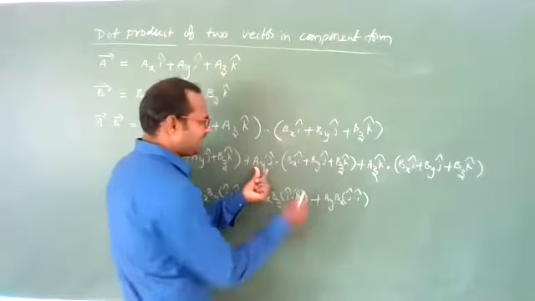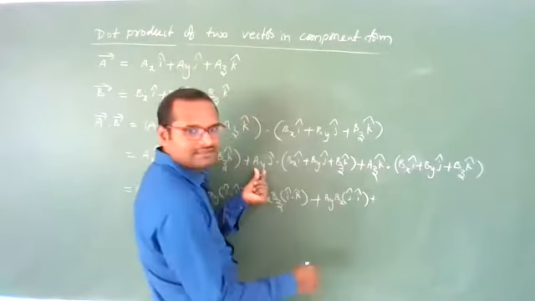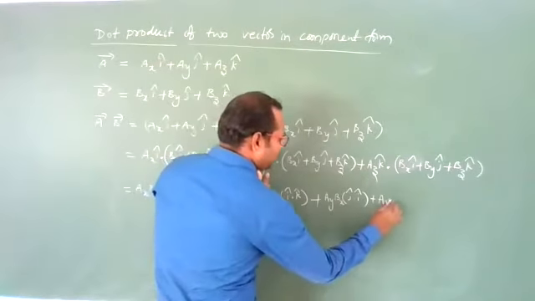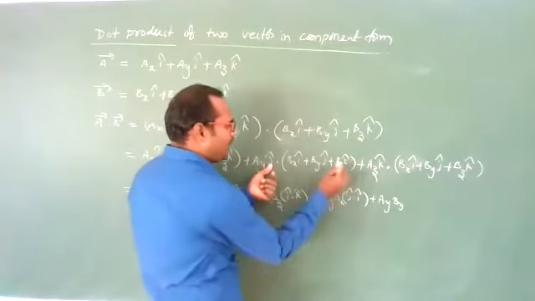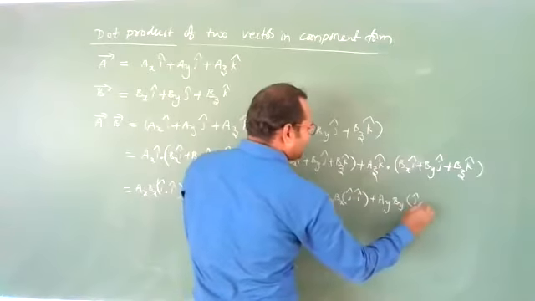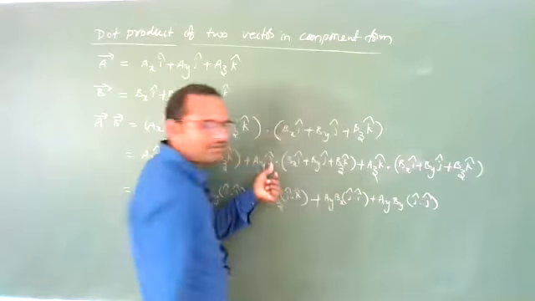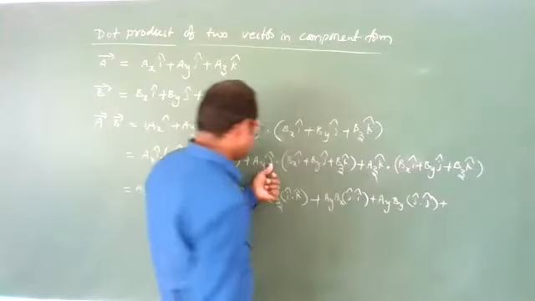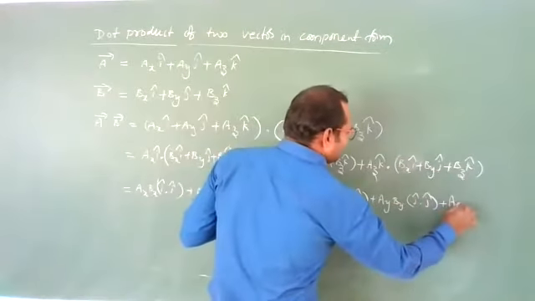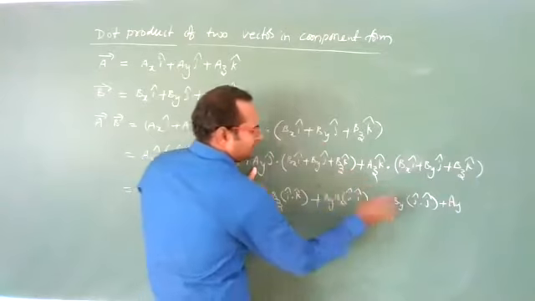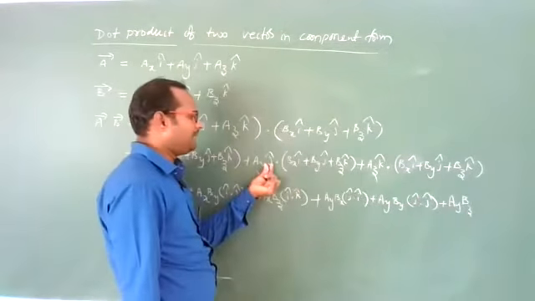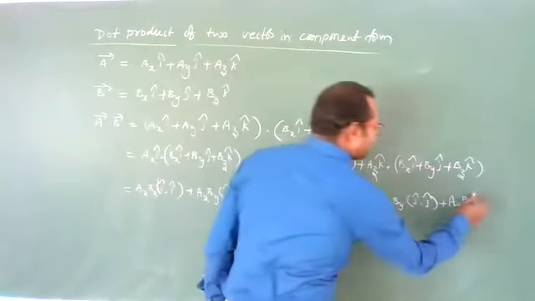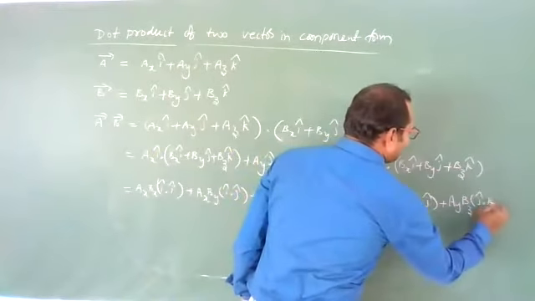Next, second with this plus ay into by, j cap dot j cap, plus ay into this last term bz into j cap dot k cap.